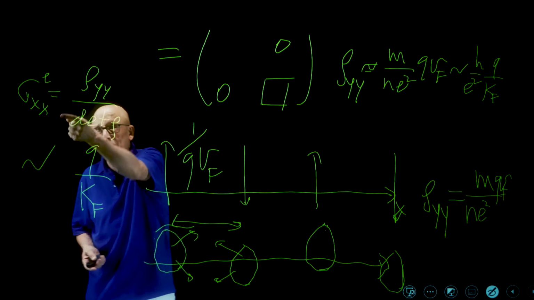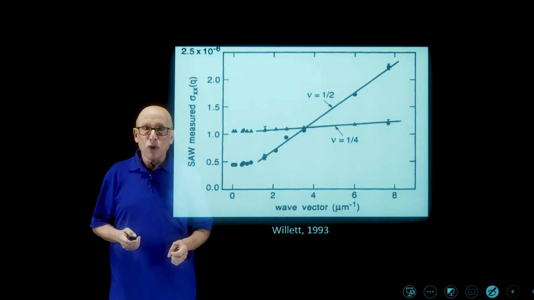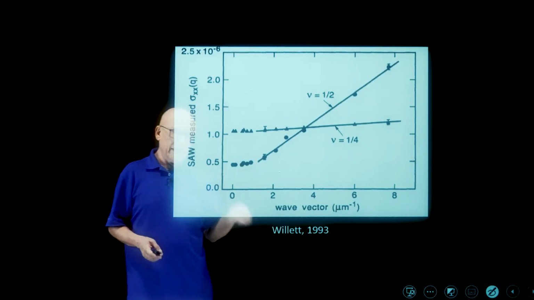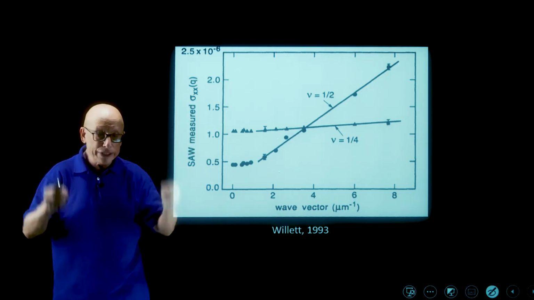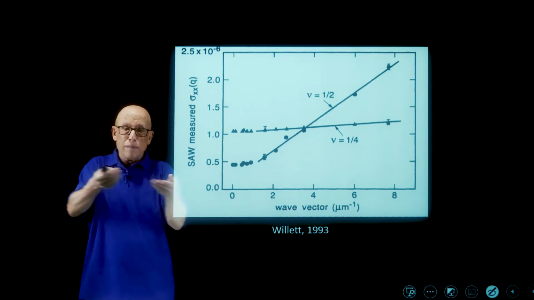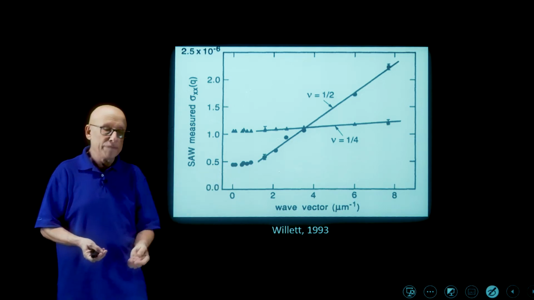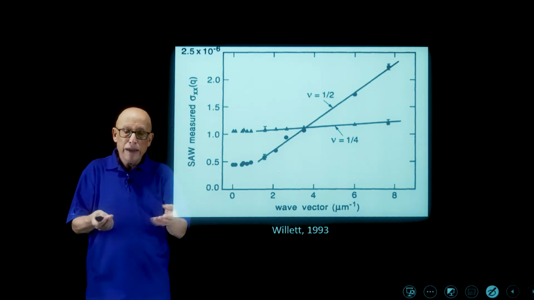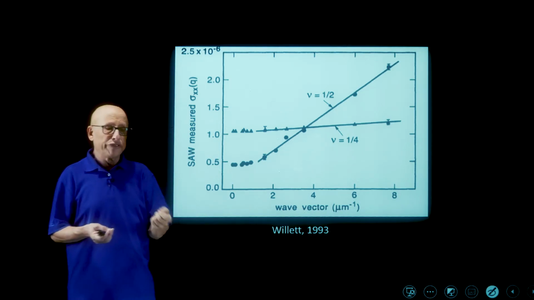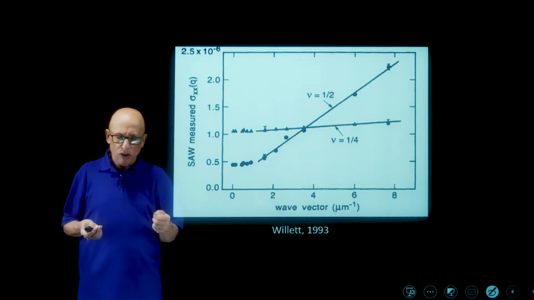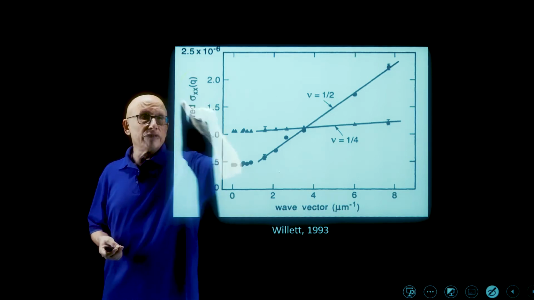Now, how do we measure it? Sigma xx is a measure of energy absorption. So what we do, as we already said in the previous video, is apply surface acoustic waves onto a two-dimensional electronic system at nu equals 1/2 or nu equals 1/4 for that matter, and measure what part of it is absorbed, or measure the change in the velocity of the acoustic wave. In both cases, we can extract sigma xx as a function of q.